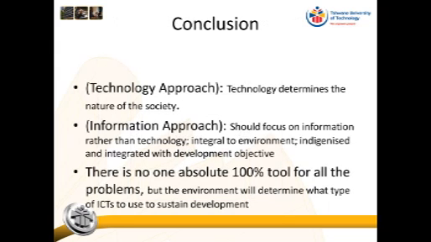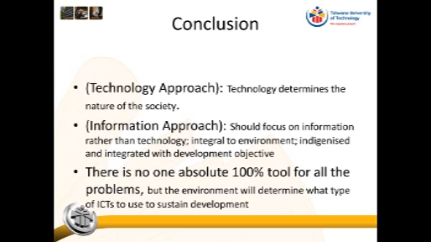In conclusion, we're saying from the IT side, technology determines the nature of the society. This is the approach which was utilized all along, and according to us, it's wrong. That's why people do not make use of it. Now, what we are recommending is an information approach, whereby the focus is not on technology, but on the integrated environment, indigenous and integrated development objectives. Then we can start applying the technology.